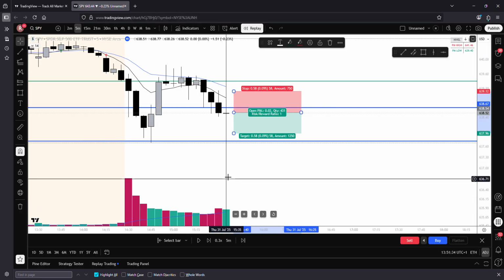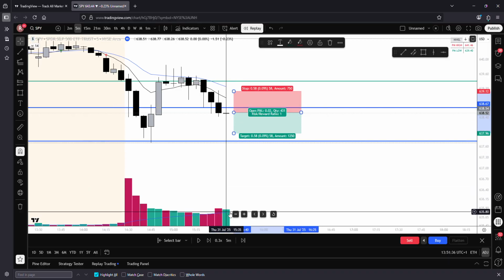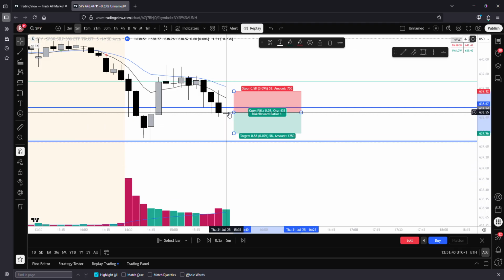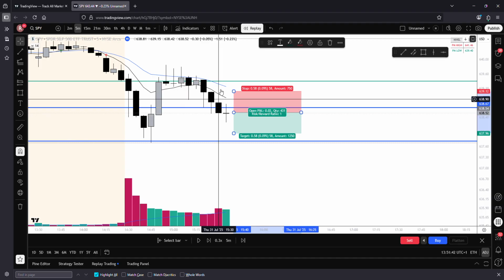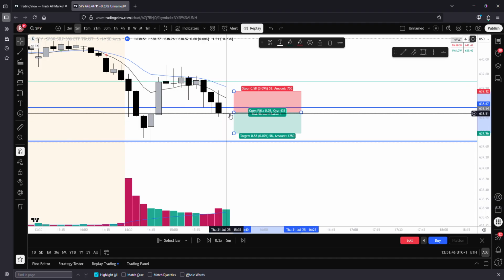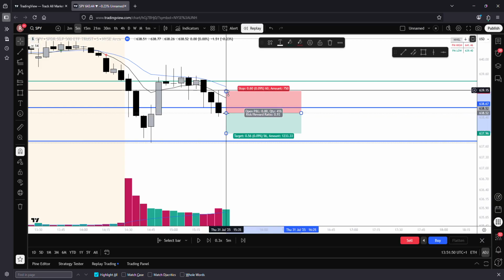Right, okay, we've just got a sort of doji candle here, a little bit of a volume anomaly. However, this candle, this volume, I like this, so I would be looking at entering a short position here.